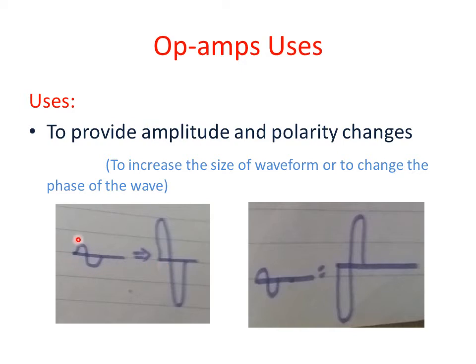If I give this small signal to an operational amplifier, it can enlarge that AC signal into a large AC signal or a large sine wave. This means that the operational amplifier is increasing the amplitude of the input waveform.